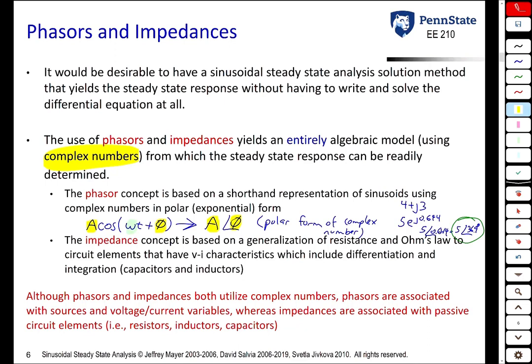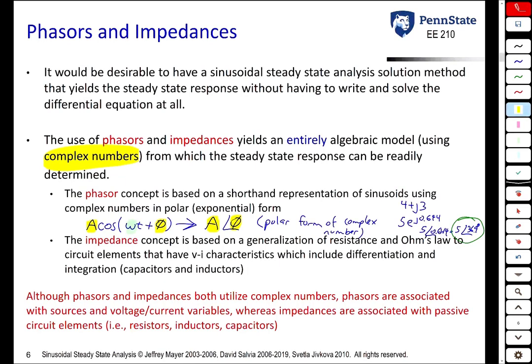The impedance concept, which we'll once again discuss in a few slides from now, is based upon a generalization of Ohm's law. The idea behind the impedance concept, however, is to replace the capacitor and the inductor by a "resistance," so that you can use more resistive types of equations.